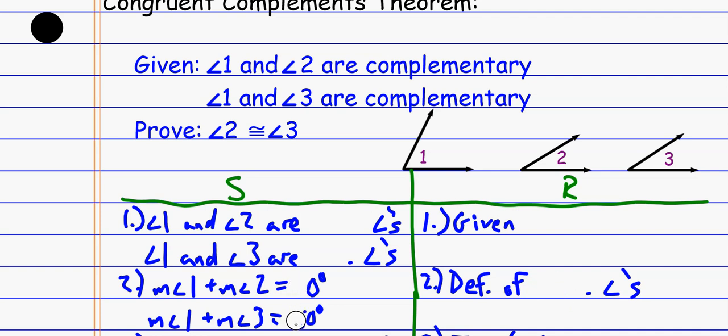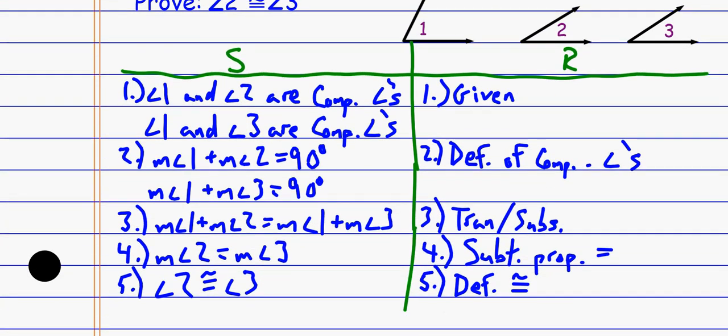Instead of 180, it's 90 now. Okay. Done and done. I just did this whole proof. Pretty awesome, right? Everything else is the same, all right?